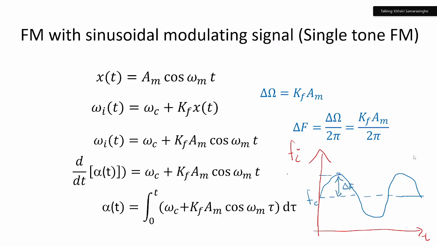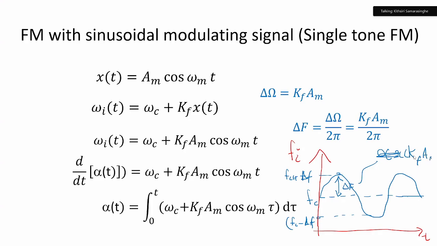So it will move up to fc plus delta f and move down to fc minus delta f. And this delta f is proportional to your modulating signal amplitude, because it's kf into Am.